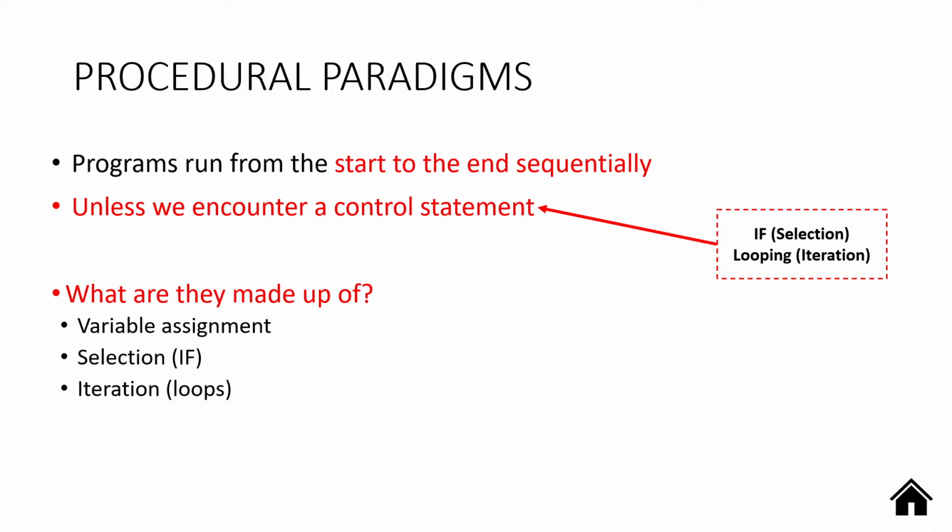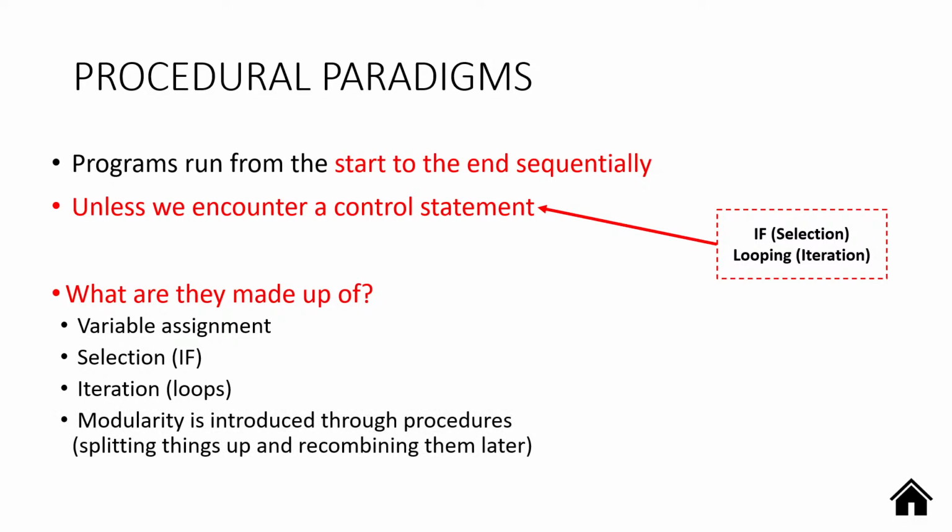Okay, you might have heard of it referred to as decomposition, the breaking down of something and then recombining it when you've worked it out or problem solved it. So they're the different things that procedural paradigms have within them, typical of any language.